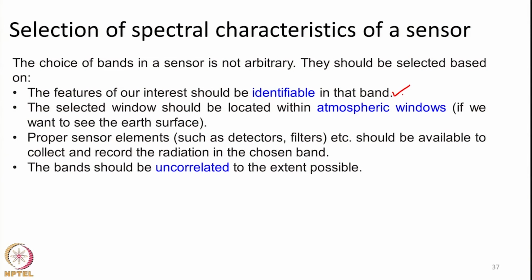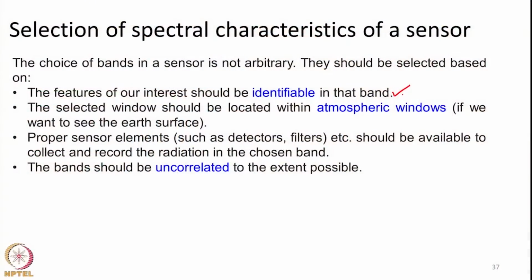Let us say vegetation, take an example. In a later class we will see that vegetation can be better studied using a combination of NIR and red bands. So, the sensor should essentially work in NIR as one band and red in one band. So, the feature of our interest should be identifiable in that particular band. The feature produces a distinctive signature, select those bands, select those wavelengths.